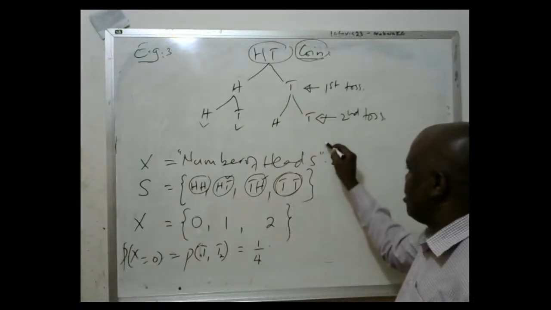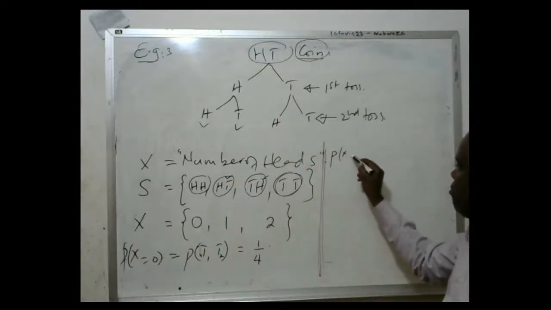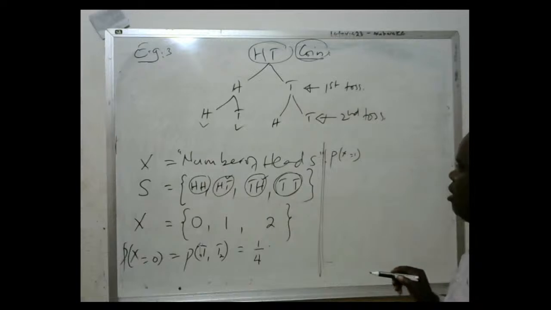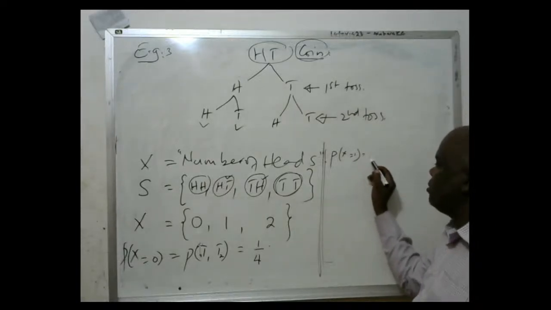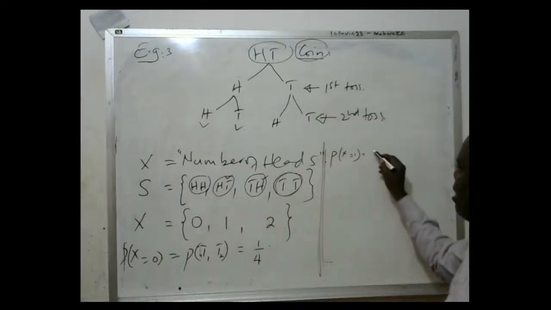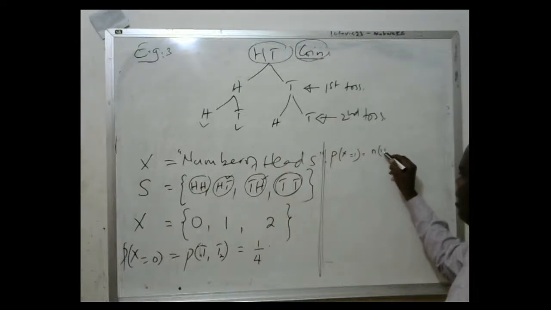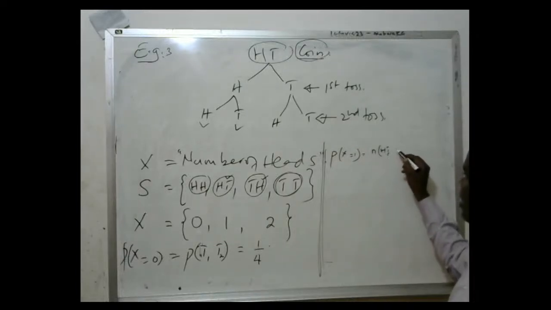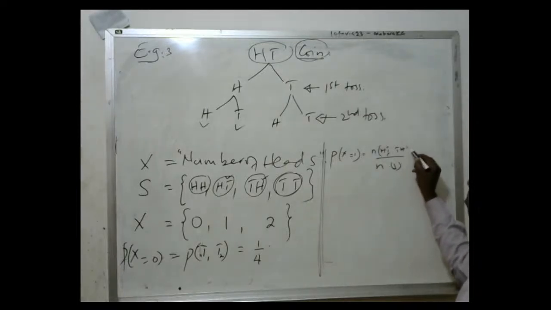Then the next one, what would be the possibility of having one head? Having one head means we have the number of those values where we have a head and a tail, then a tail and a head, over the number of elements in the sample space.